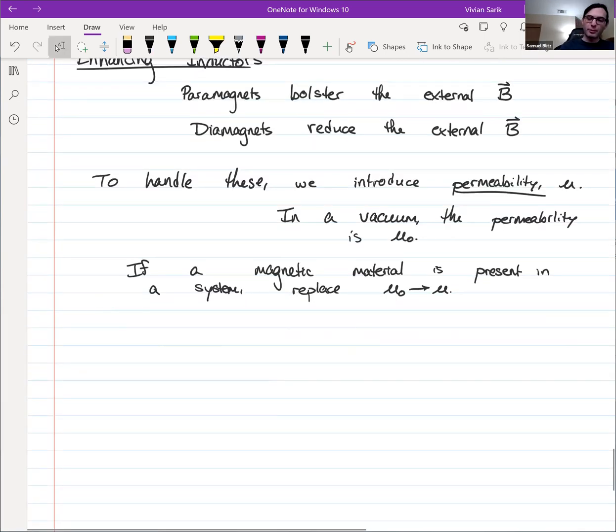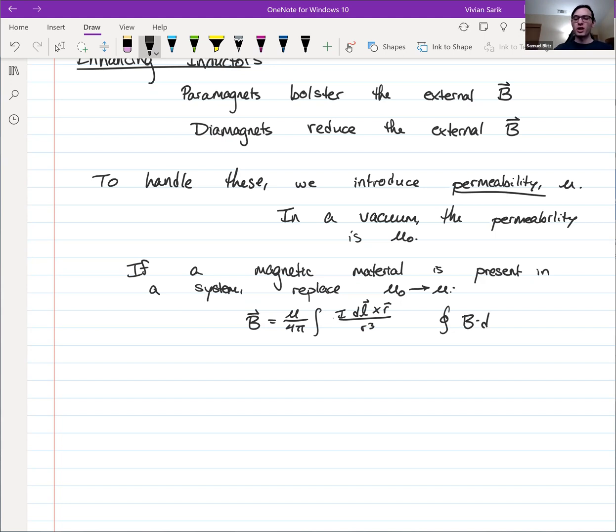So, for example, if you were trying to use the Biot-Savart law inside a lump of iron, which has some permeability, then instead of using mu naught over 4 pi, you would use mu over 4 pi, and then you would do the integral like normal, I dl cross r divided by r cubed. Or if you were doing Ampere's law, say inside a lump of iron or inside a bowl of water or whatever, Ampere's law just becomes mu times I enclosed on the right-hand side.